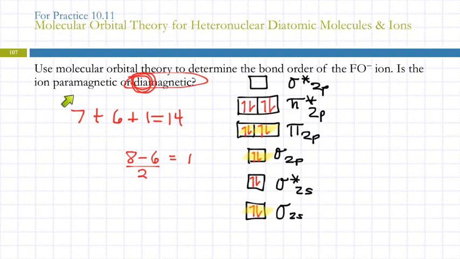Because this para is not P-A-I-R. It's P-A-R-A, and that has to do with on opposite sides. It doesn't actually have to do with pairing of anything. So if that helps, or if you can come up with a better way, there it is. So it's diamagnetic, and it has a bond order of 1.